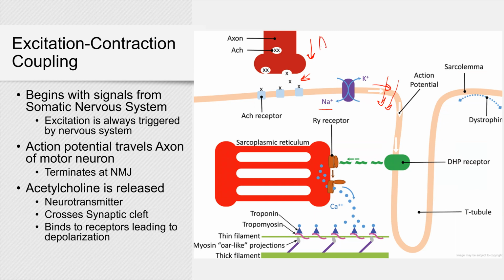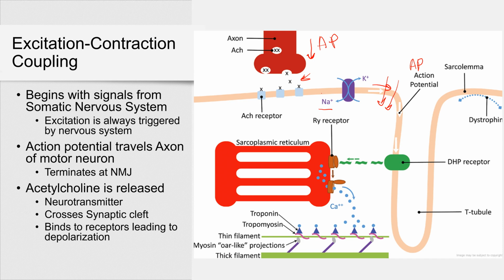So we go from one action potential of a neuron to another action potential of a muscle cell. So that's our electrical impulse, and this is our excitation. We made this muscle cell excited because now electricity is moving along its membrane.